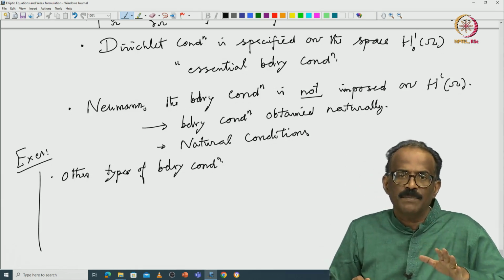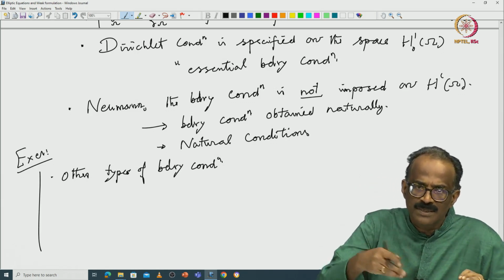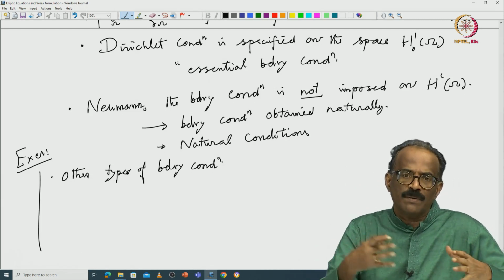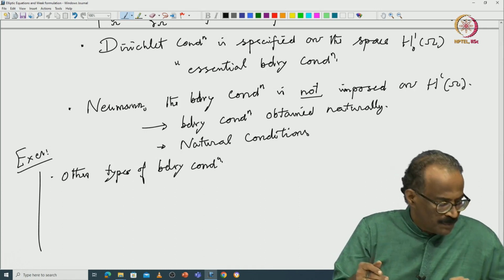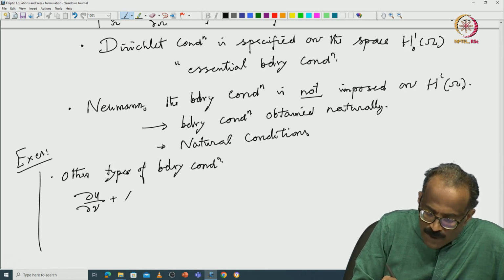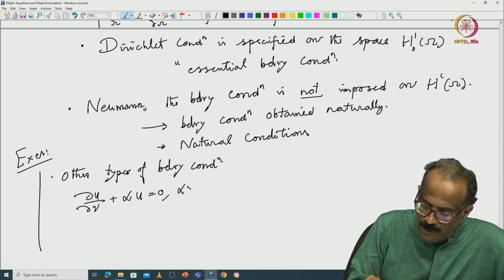If it were difficult, I would not be giving it to you, but these are to make your subject very strong. Whatever you learned, you should work out for these things. For example, you can impose du/dν plus some α u equal to 0, α positive or other.